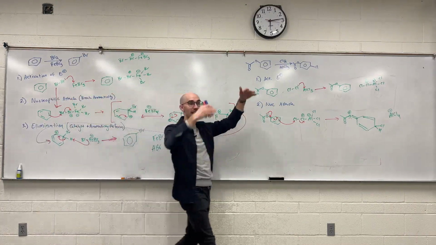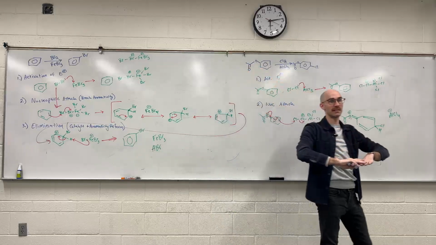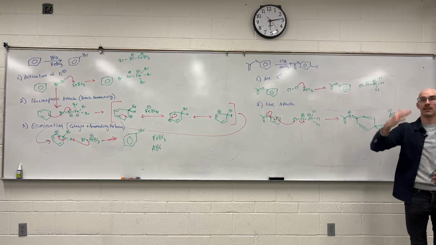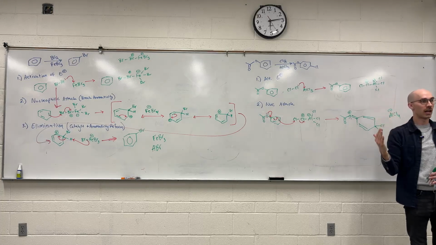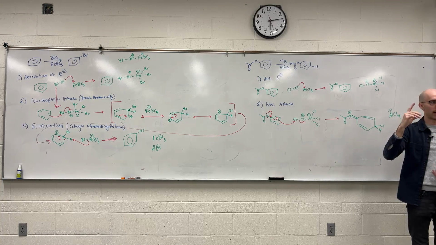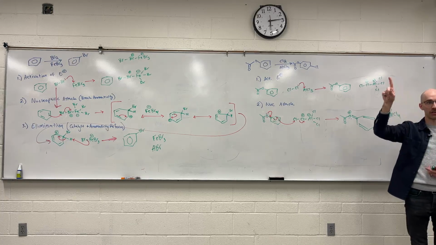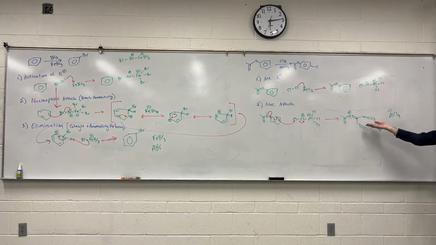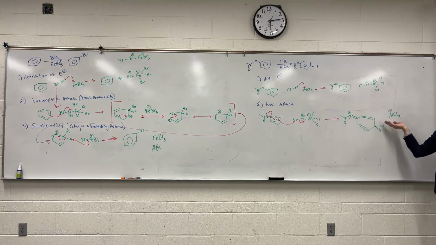This oxygen is stabilizing the resonance, lowering the energy of the intermediate, lowering the energy of the activation barrier. I'm going to say this: the ortho-para directing and the activating, it's the same thing. It's this.